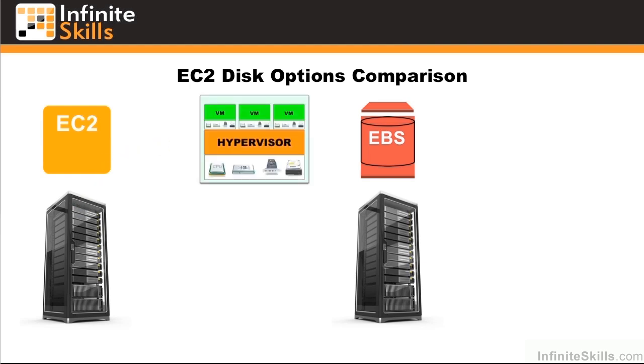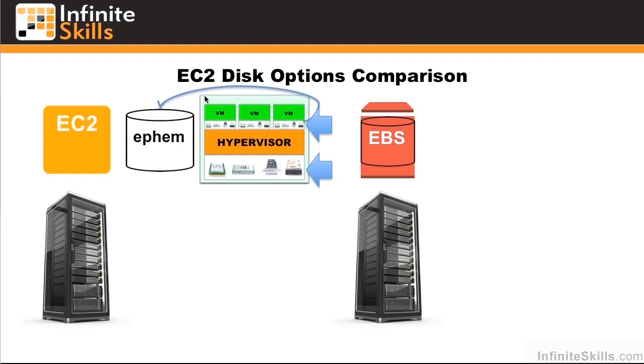Let's blow that up a little bit. This hypervisor takes the machine's local resources, such as CPU, RAM, network card, and disk, and makes those available as individual pieces to each VM so that each VM sitting above the hypervisor has access to a part of the underlying hardware. When we talk about ephemeral or instance store, we're talking about that disk.